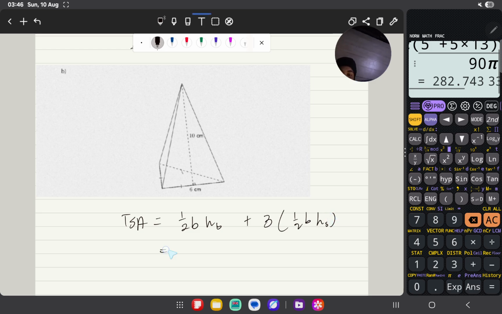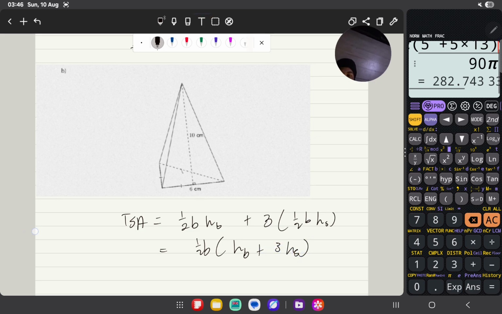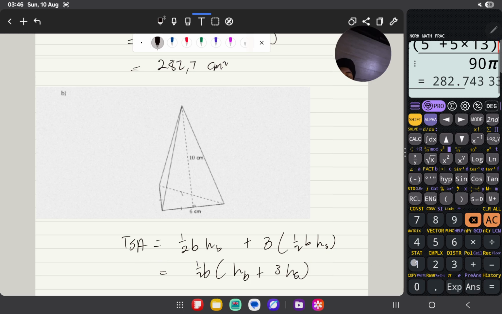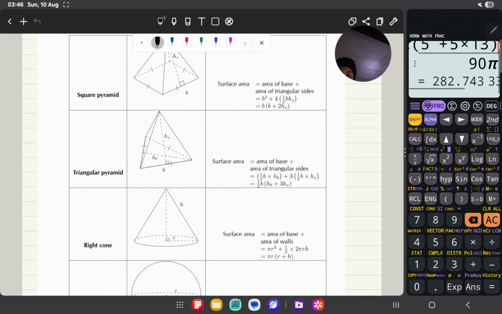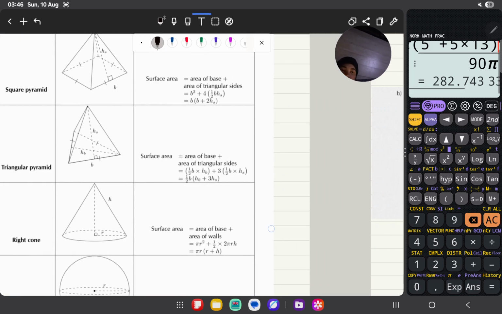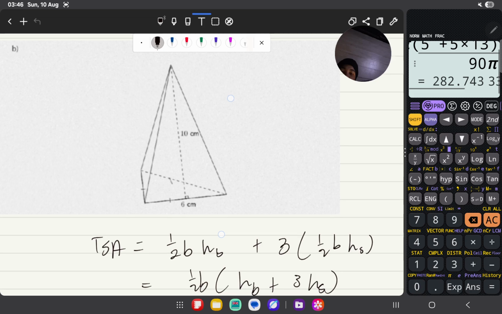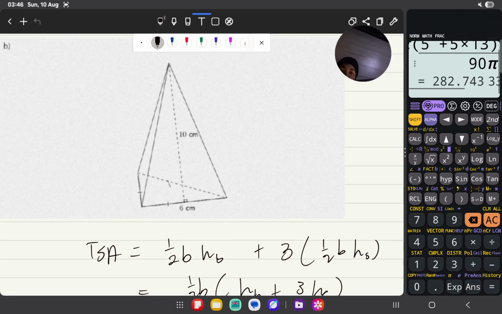I think it was summarized as half base into HB plus 3HS. Yes, it is. So here we might have to do some work.